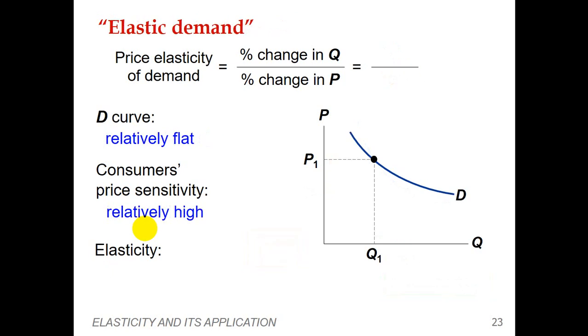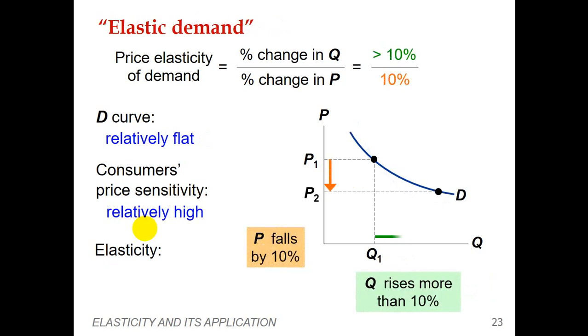And the next is elastic demand. Elastic demand should be greater than 1, means if there is a fall in prices of 10%, the increase in quantity must be more than 10%. For example, suppose that the price falls 10%, but the increase in quantity demanded is 40%.